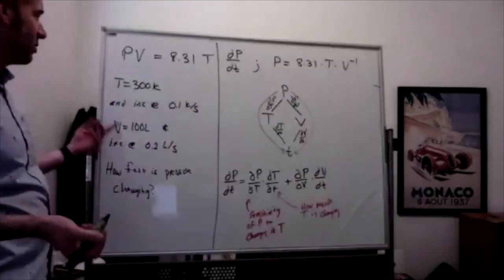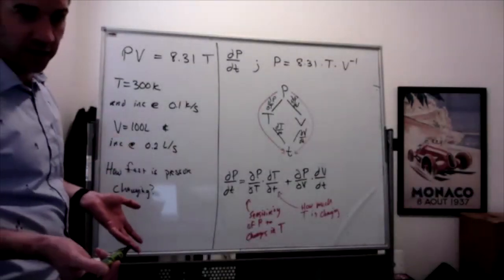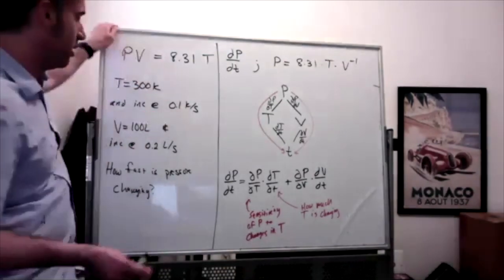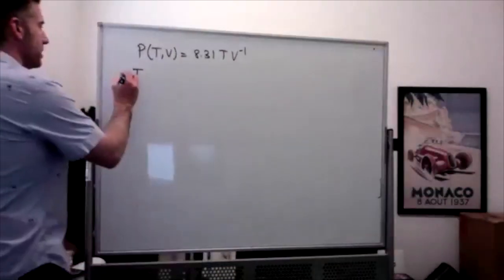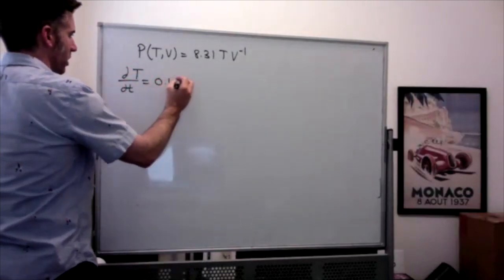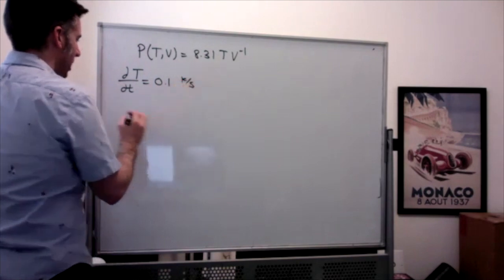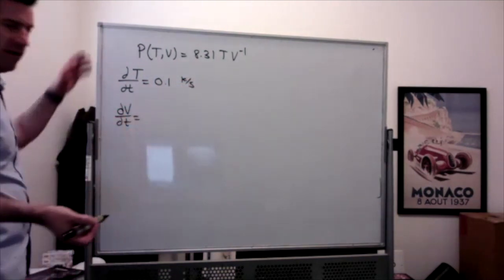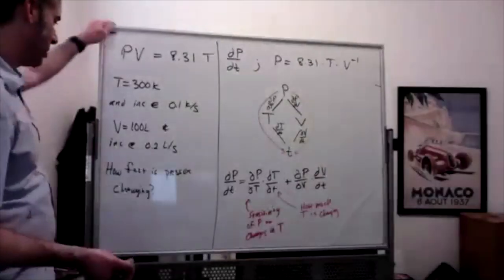I didn't actually write down what it was, but I do know that it's increasing at 0.1 kelvins per second, which means that dT/dt is 0.1 kelvins per second. And similarly, dV/dt, I forgot what I said it was, is 0.2 liters per second.